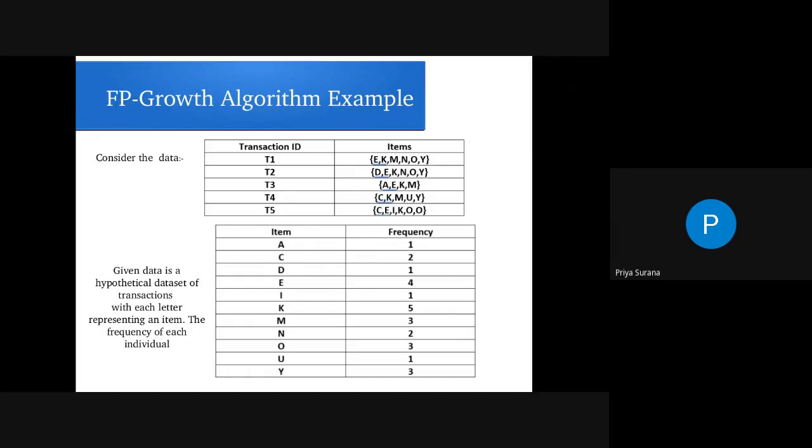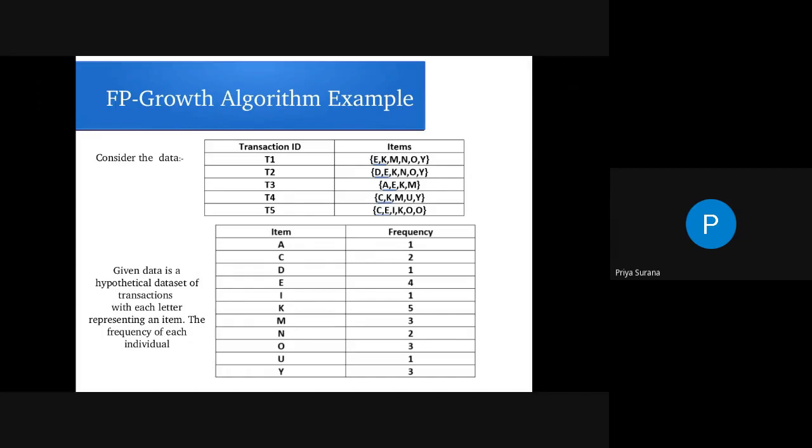If we consider here minimum support, which we already discussed in the Apriori algorithm, and let it be 3, that is nothing but at least thrice in the database, if that item is present in the transactions at least thrice, then we will consider that item. So for this example, let the minimum support be 3.